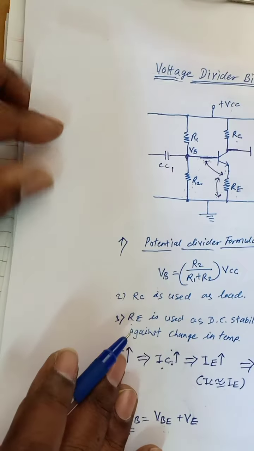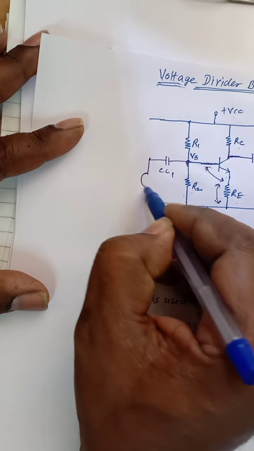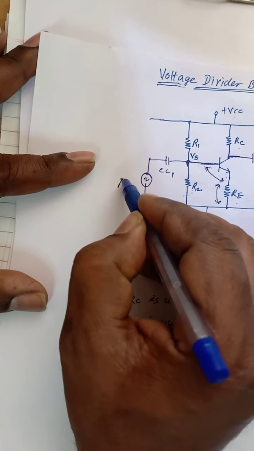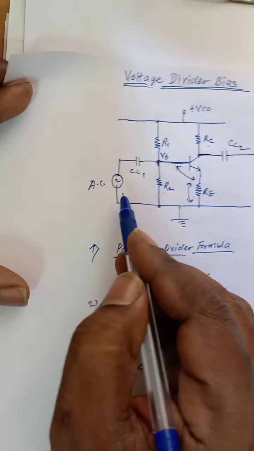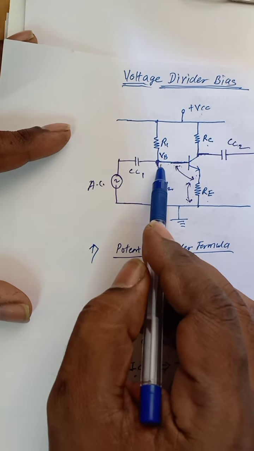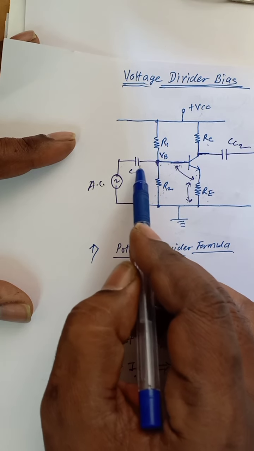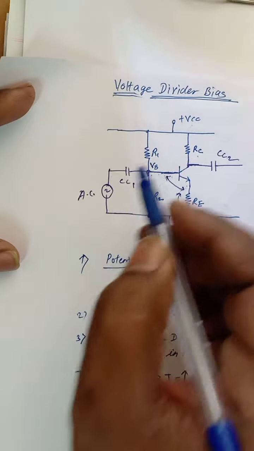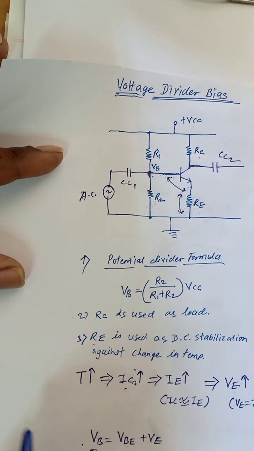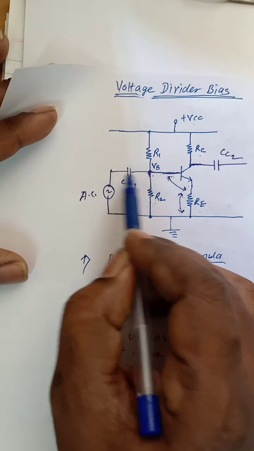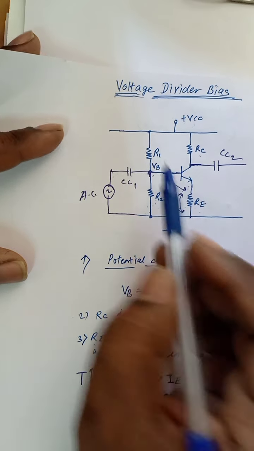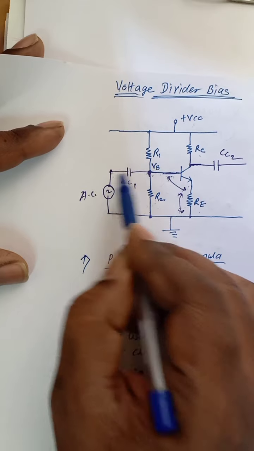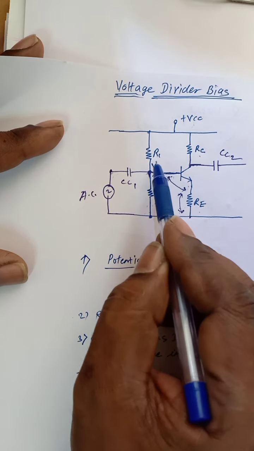Here we are connecting the AC input voltage, which should be amplified at the output. This AC input voltage is connected to the base of the transistor, and we know that a capacitor only passes AC and blocks DC. This is the main important point you have to keep in mind. That's why only AC is coupled from here to the input of this amplifier.